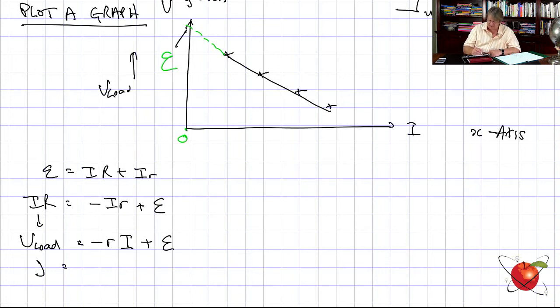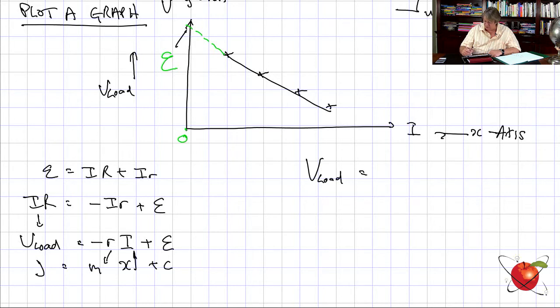V load is equal to mx plus c, and my x-axis is my current. So you can see that V load is equal to minus rI plus E, which is equal to the gradient.